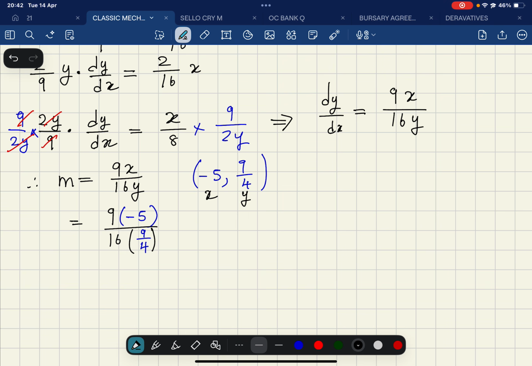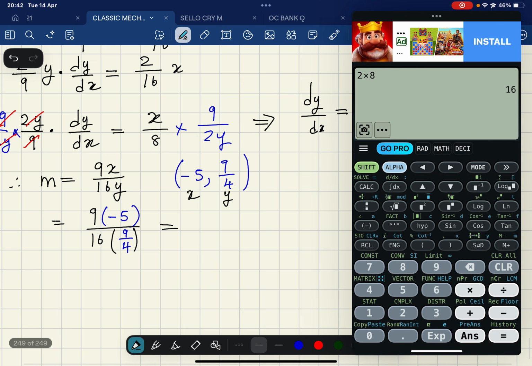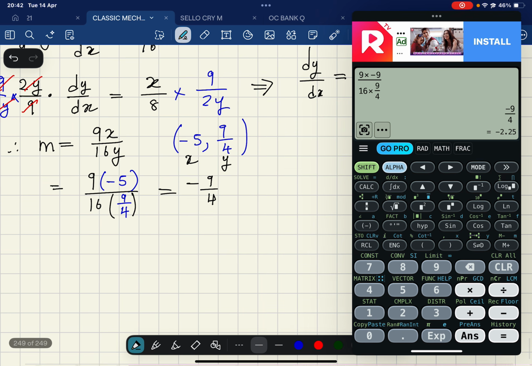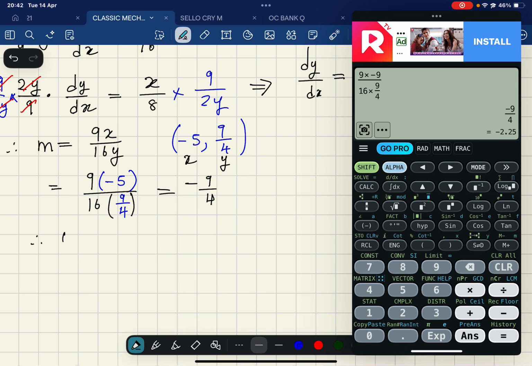Then I close those brackets, I press my calculator, which means I'm going to have 9 times -5 divided by 16 times 9 over 4. So that is our answer, which is -9 over 4, which means therefore our line is equal to -9 over 4 x plus c.